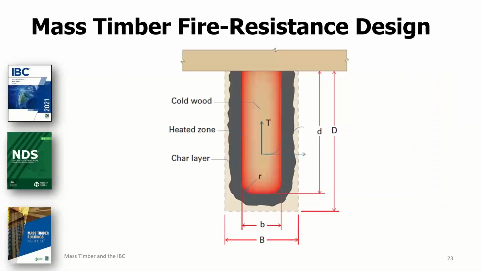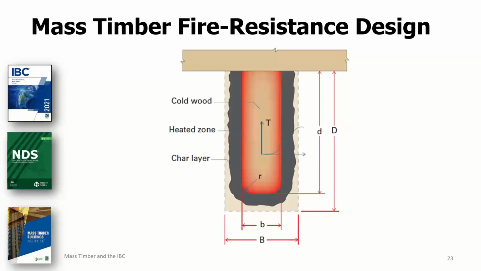This is a graphic representation of the concept behind the mechanics-based calculation of fire resistance for wood members. This diagram shows the idealized section loss of a wood beam with fire exposure on 3 sides. The capital B and capital D in this diagram represent the initial breadth and depth of the beam cross-section, that is before being exposed to fire.